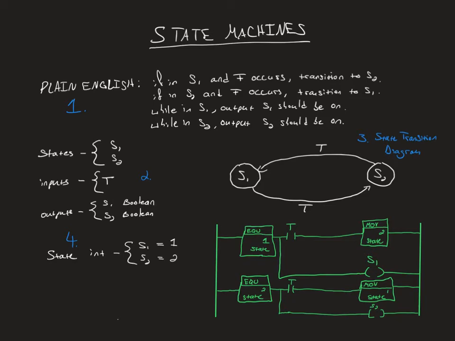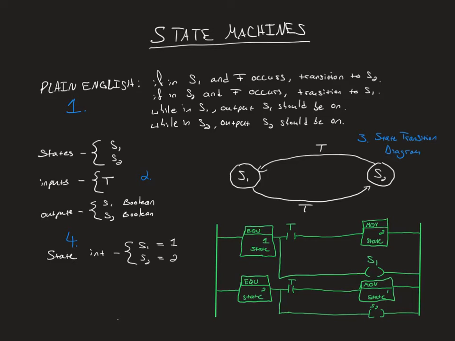So if your state is equal to 2, then when T occurs, you will move a 1 into state, and you'll become in state 1. And similarly as above, while you're in state 2, S2, the Boolean tag, will be on due to the OTE.